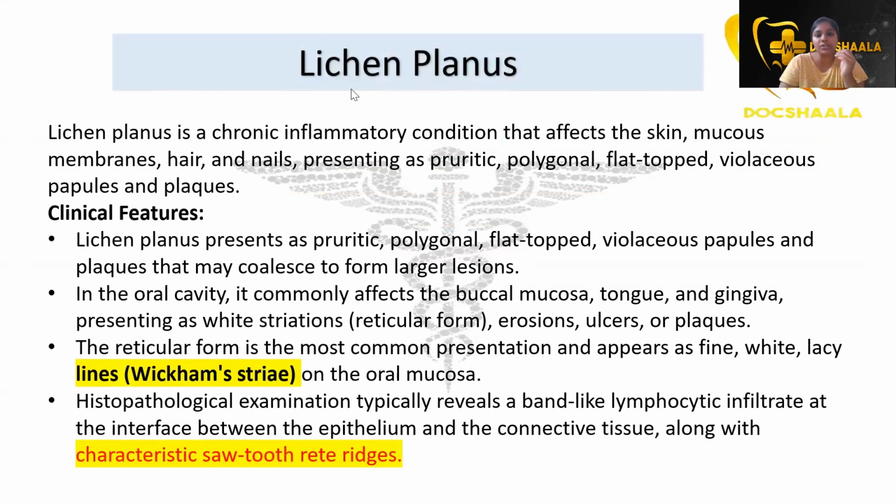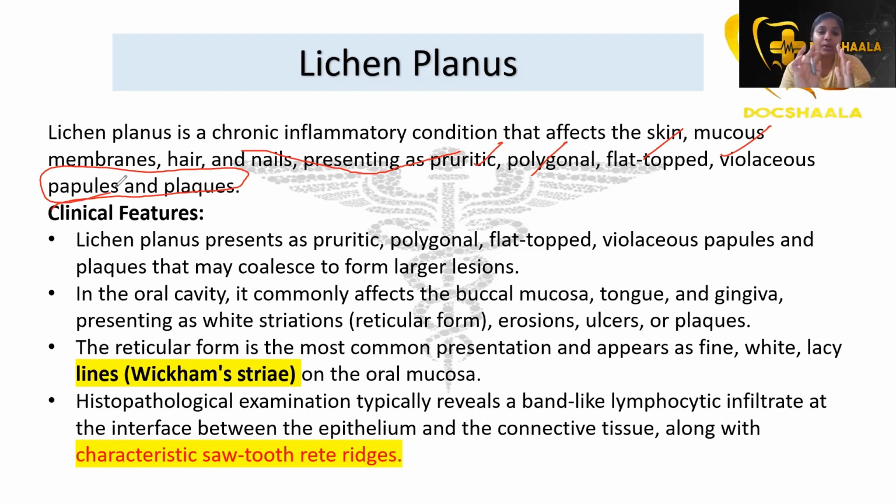Lichen planus is a chronic inflammatory condition that affects the skin, mucous membrane, hair, and nails, and it presents as pruritic, polygonal, flat-topped, violaceous papules or plaques. This is very, very important.